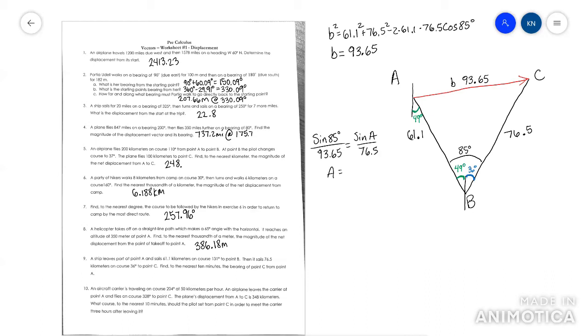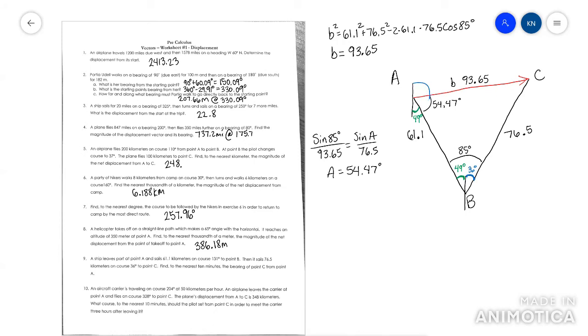You do that correctly, you'll get A equals 54.47 degrees. So this right here is 54.47 degrees.